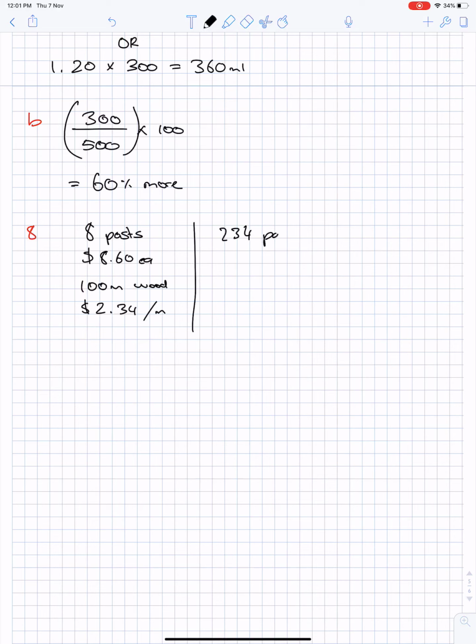234 palings were needed and came in bundles of 10. So this is like going back to that rounding. Costing $12. So each bundle of 10 costs $12.50 per bundle.